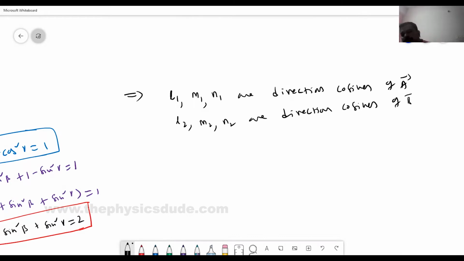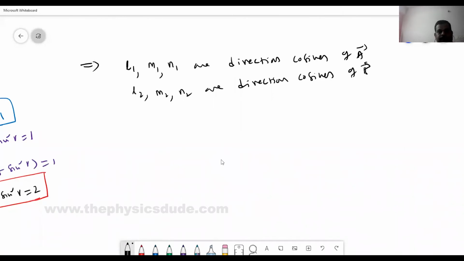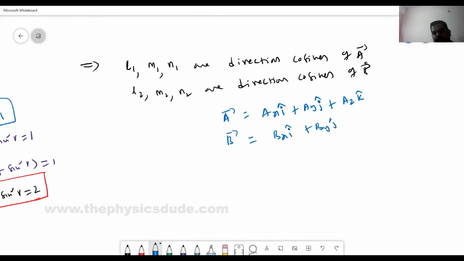So they'll ask you what is the angle between the vectors a bar and b bar. We need to write it in terms of direction cosines. So let's take this a bar as ax i cap plus ay j cap plus az k cap, and b bar is bx i cap plus by j cap plus bz k cap.